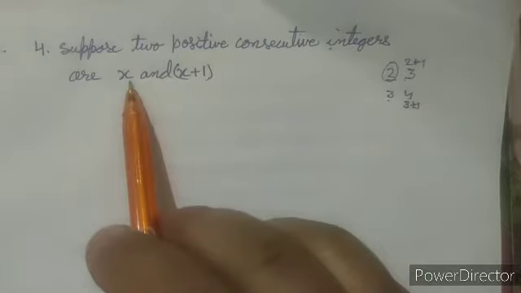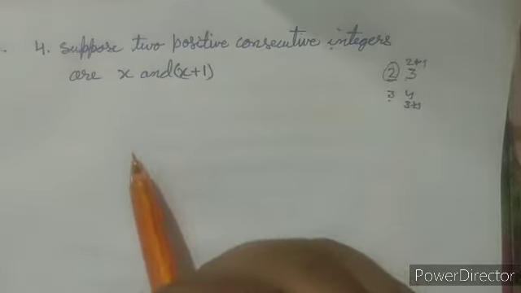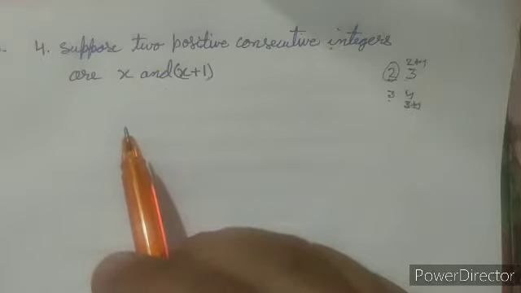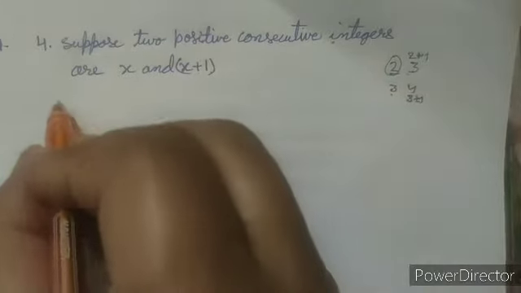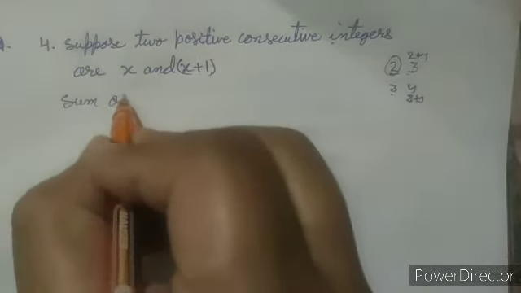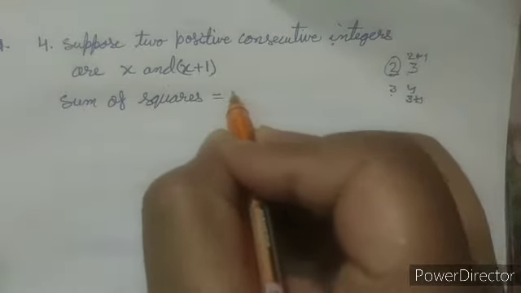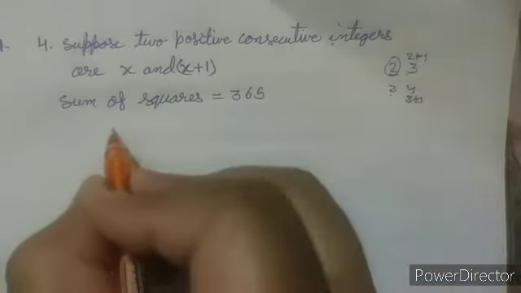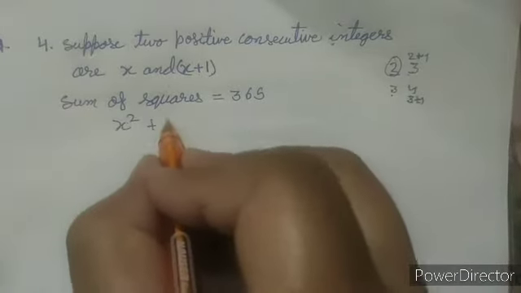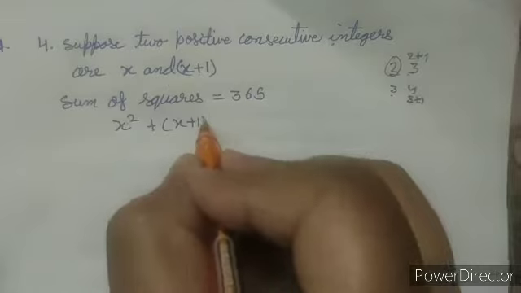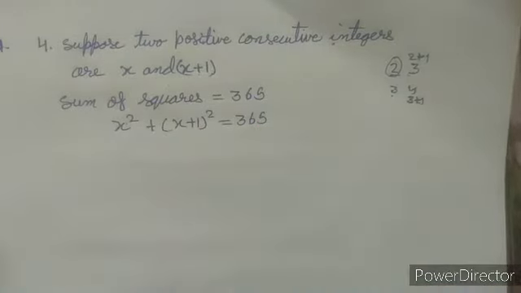Now the first integer is x, then the second will be x plus 1. Here in the question, it says the sum of whose squares is 365. That means the square of the first number plus the square of the second number will give us the answer 365.